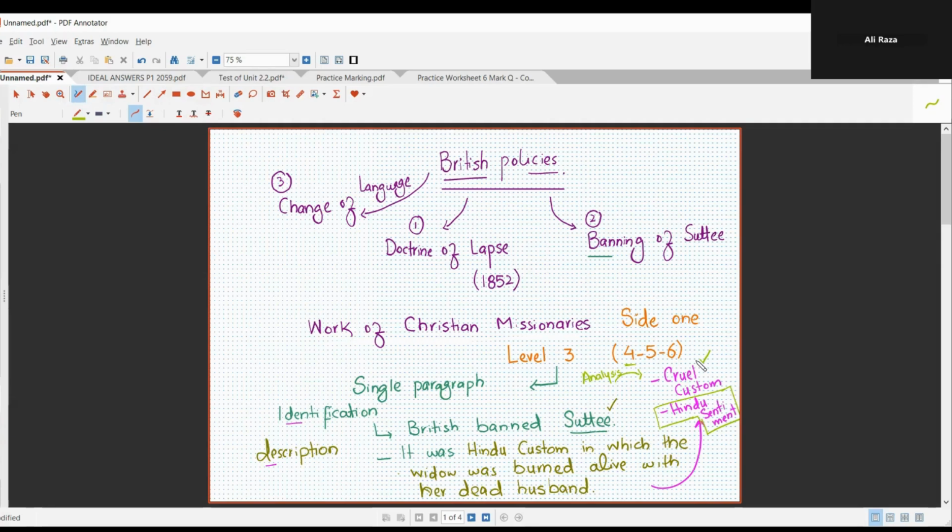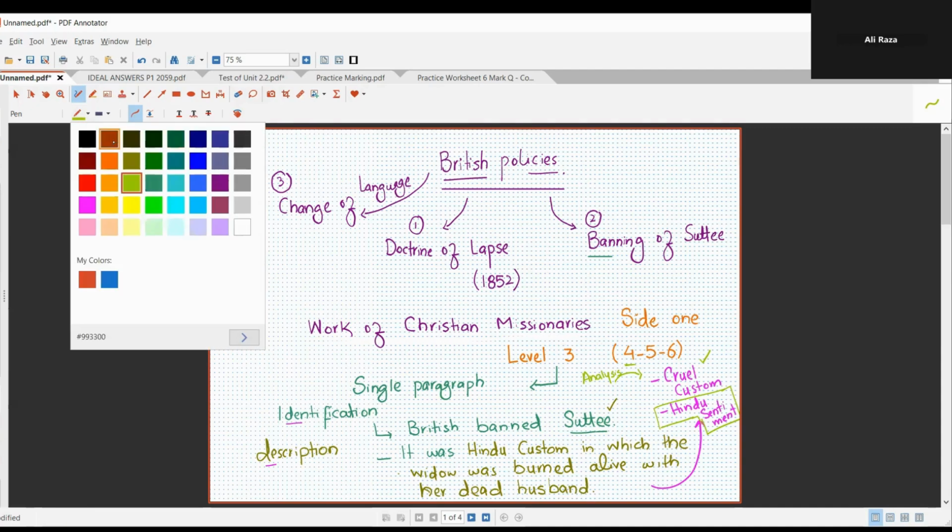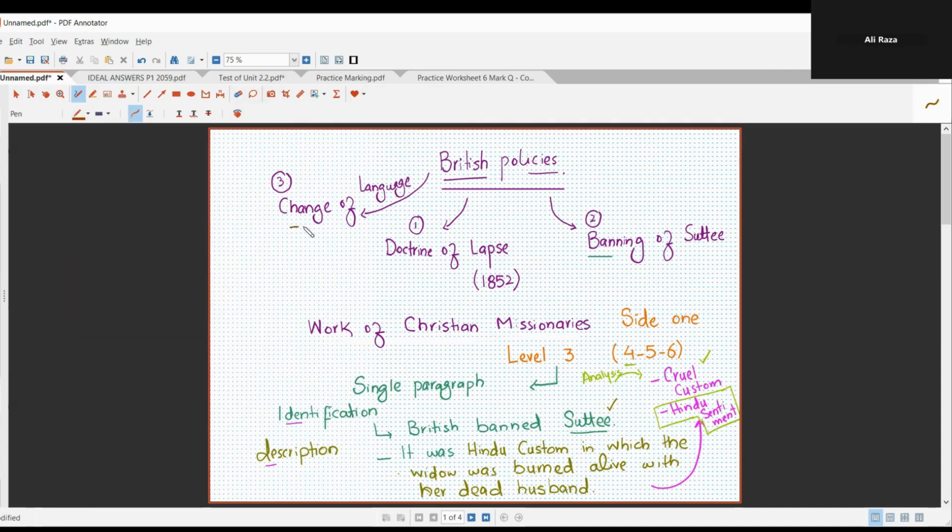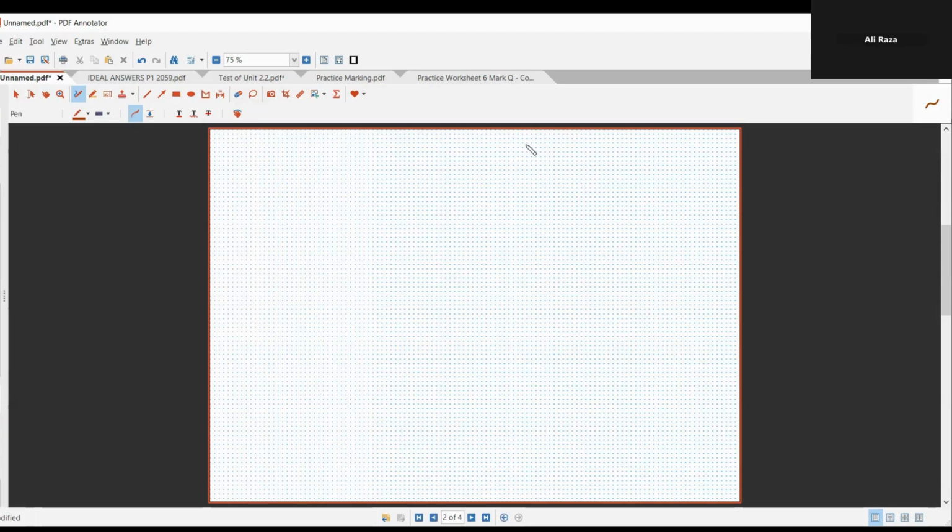And as soon as you talk about any other custom which is not in there, हमने अगर for example पहला paragraph Christian missionaries का लिख दिया, so that is level 3. Any other reform that is not given in the question, for example वो banning of sati हो सकता है या वो change of language हो सकता है, that will jump to level 4.